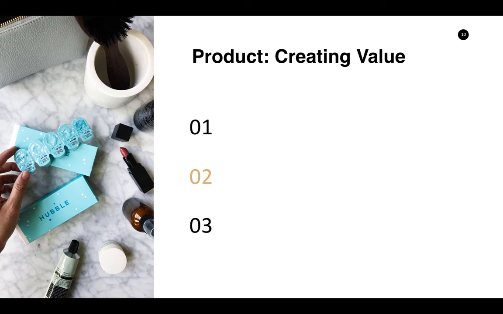So creating value is part of the product aspect, because it's just the actual embodiment of the thing that is being sold. But it doesn't have to be just a good. It entails goods, services, and ideas. The reason we call it product is because it really fit nicely into the 4P scheme.